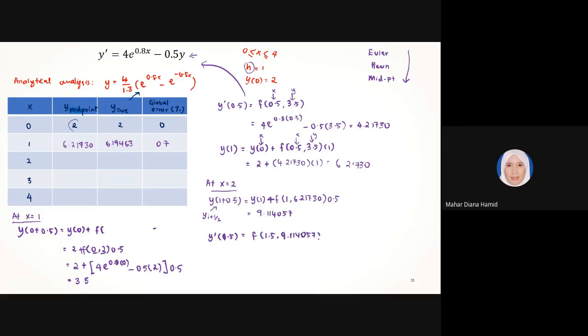So we just substitute the value into the original equation. 72344, and y2 is actually y1 plus the slope at the middle of the interval.